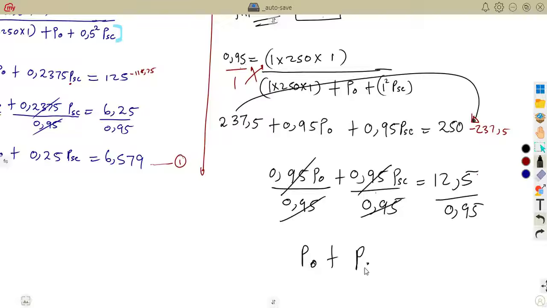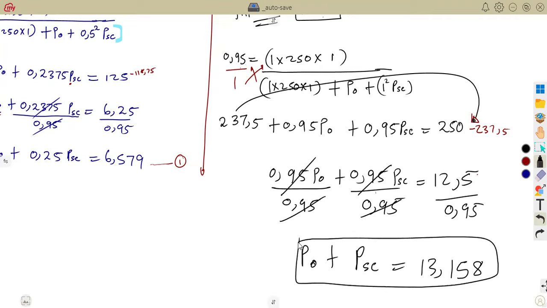We got P short circuit is equal to, you divide these two, that was going to give us 13,158. Guys, let it not start again. It's not supposed to do that again. All right, let's hope it's not going to do that again. So this is it. We have this as our equation 2.